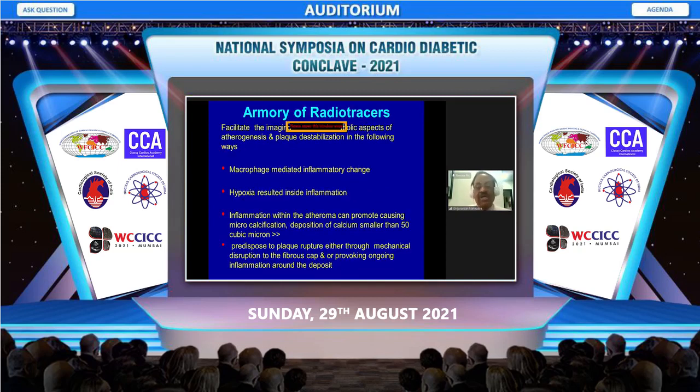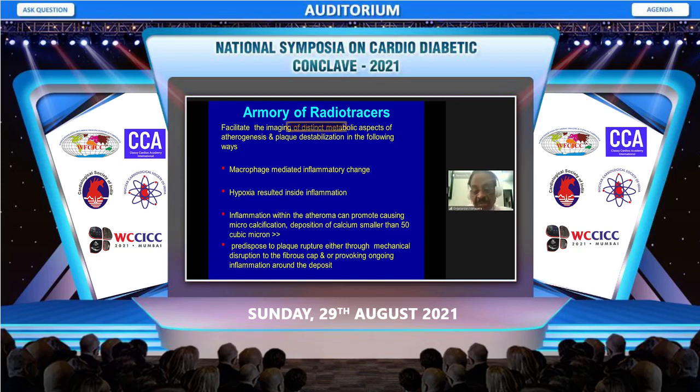What is the armory of radiotracers available? They facilitate the imaging of these atherosclerotic aspects of atherogenesis and plaque destabilization. They label in the following ways: the macrophage-mediated inflammatory change, and hypoxia resulting from the inflammation. Inflammation within the atheroma can also promote microcalcification.